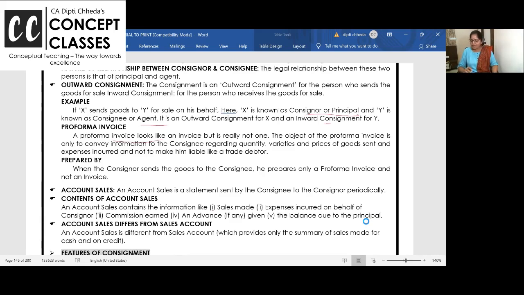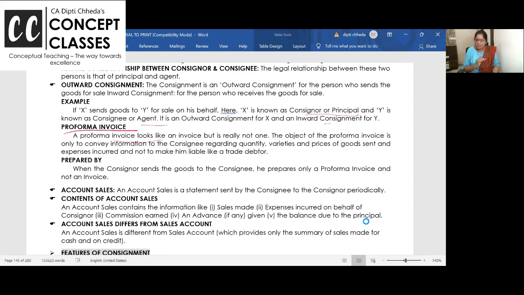Pro forma invoice. See, when I send, you all know or not that nowadays, whether I sell the goods or whether I sell on consignment, GST invoice to banega. GST invoice banega because quantity should be there, rate should be there, price, amount, all. So as if it's a bill, but I can't make the bill in the name of my consignee because I am not the seller, you are not the buyer. So for consignment, a different kind of invoice is used.